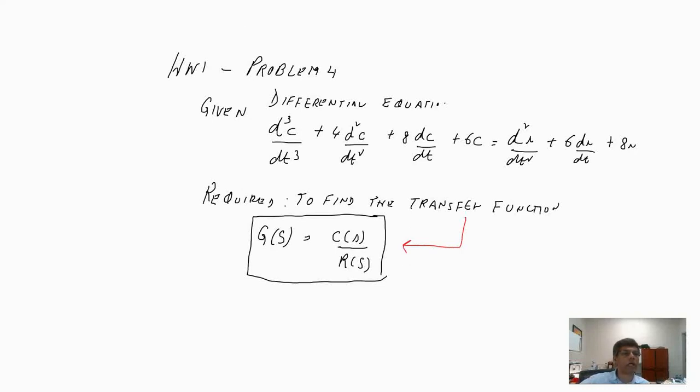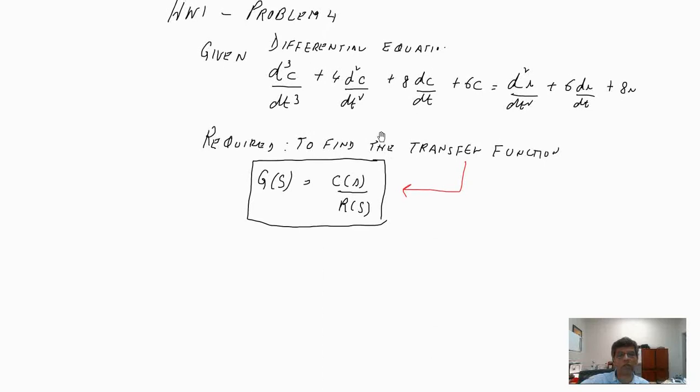Now we are going to use that famous table that we have talked about, how to go from the time domain to the frequency domain. If you look at that table that I gave you before, this term is going to convert to s cubed times C(s).